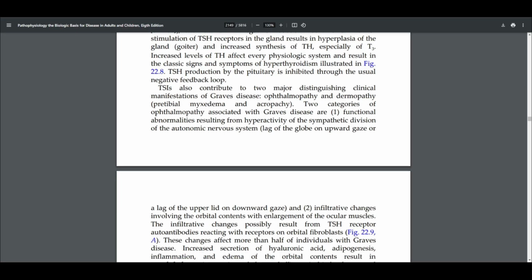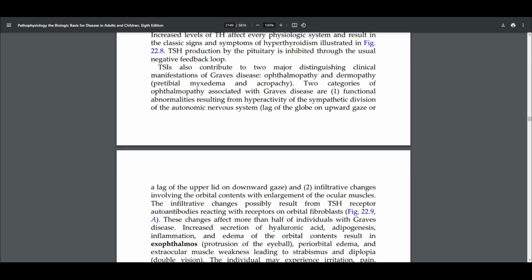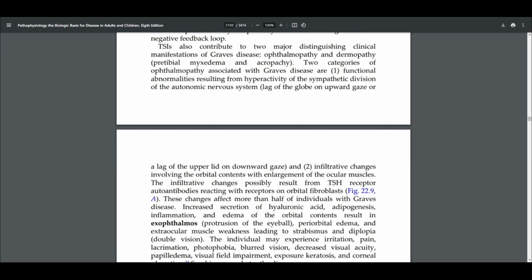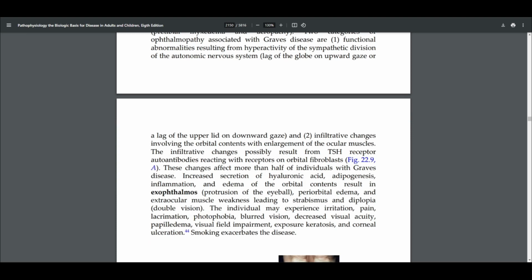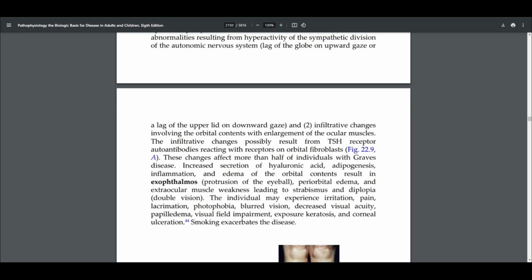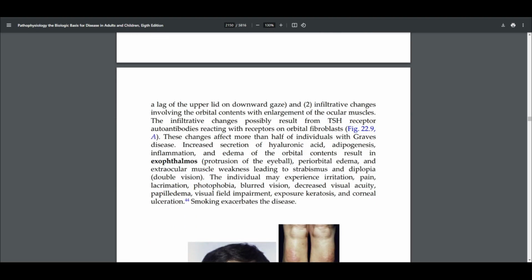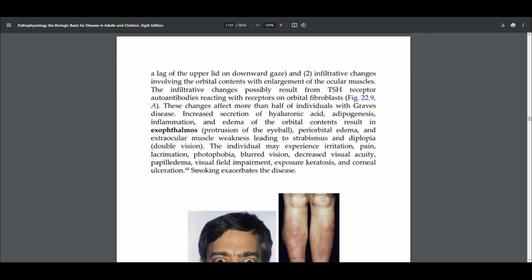Two categories of ophthalmopathy associated with Graves' disease are the functional abnormalities resulting from hyperactivity of the sympathetic division of the autonomic nervous system, lag of the globe on upward gaze or a lag of the upper lid on downward gaze, and infiltrative changes involving the orbital content with enlargement of the ocular muscles.